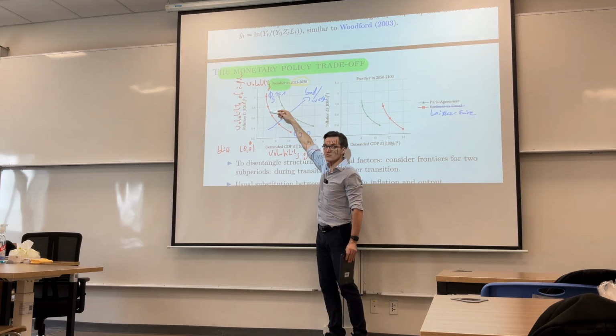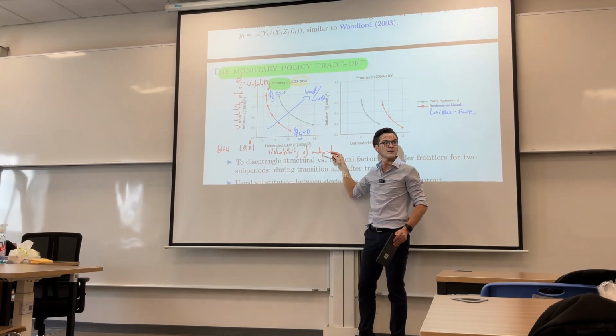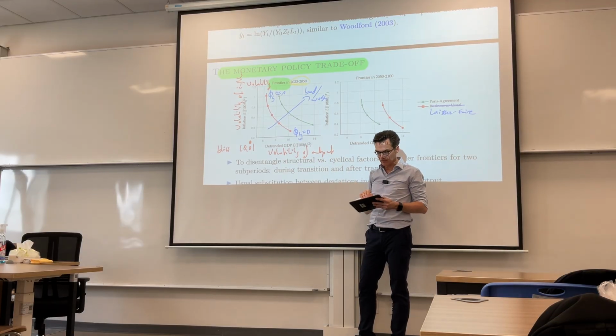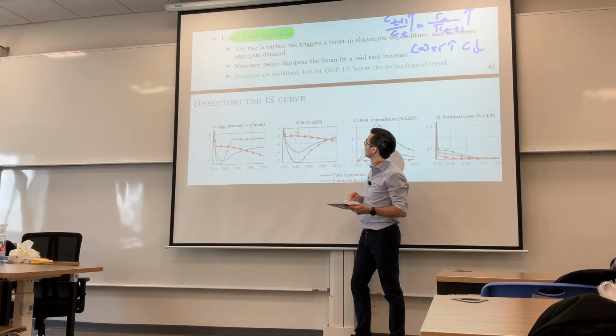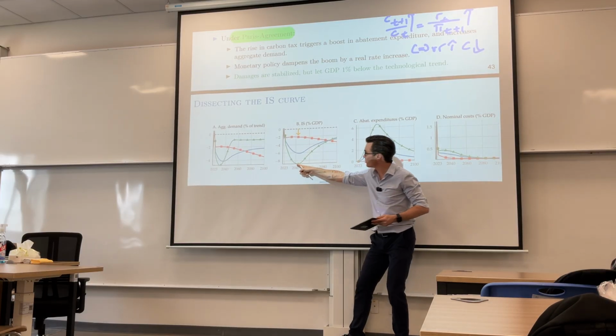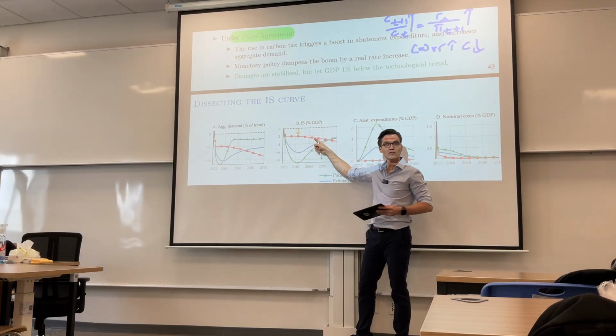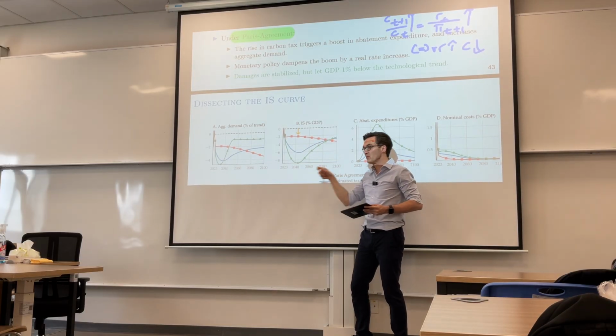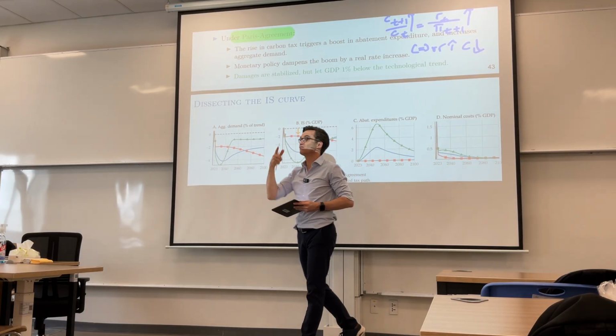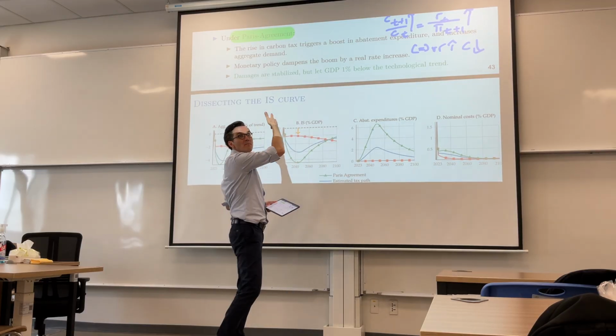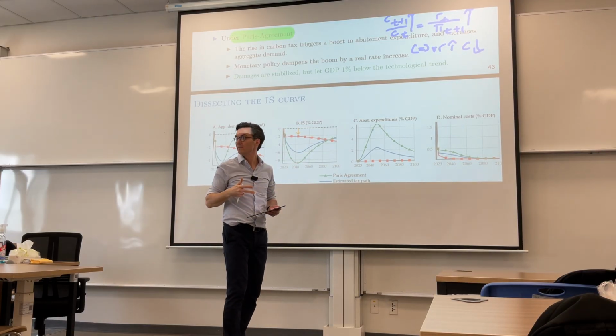We've seen that consumption goes down a lot. Let's take a look at the green consumption dynamics. Notice how much more volatile consumption is here relative to the red line. So these carbon taxes, the mitigation, the central bank responses, they are making this economy more volatile.